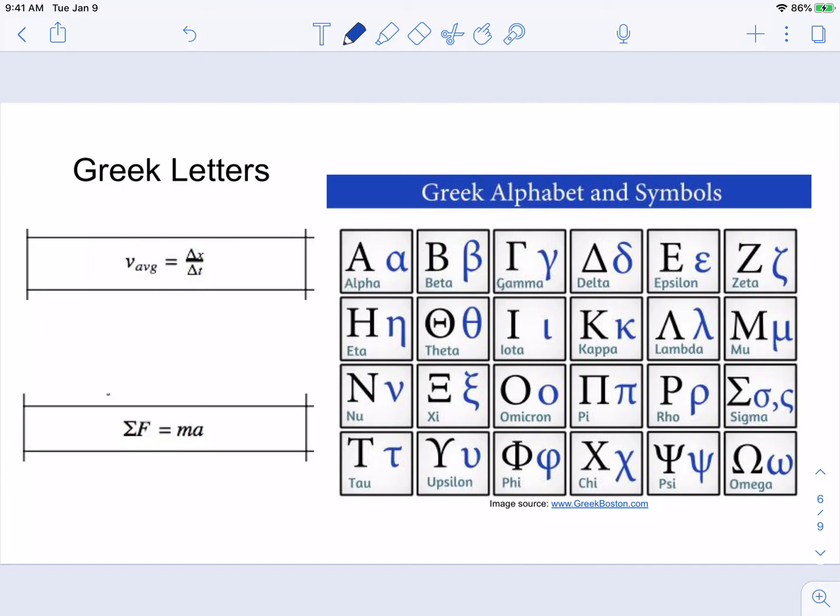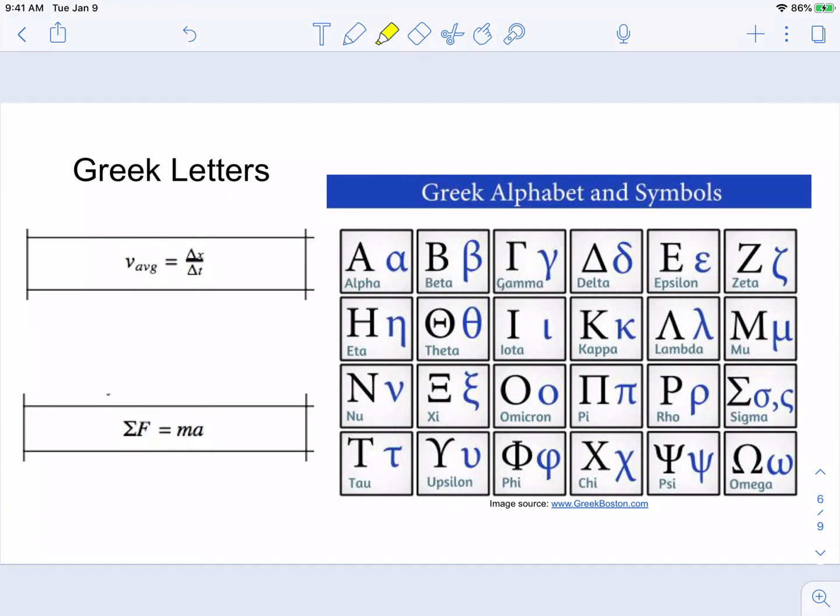I always tell my students, at the very least, I'm getting you ready for college so you can find your way around sororities and fraternities. Just learn the Greek alphabet. It is very helpful to be familiar with. There are some Greek letters that we use a lot, and there are two that I'm going to point out right now because they're used really frequently and they mean the same thing wherever you see them.